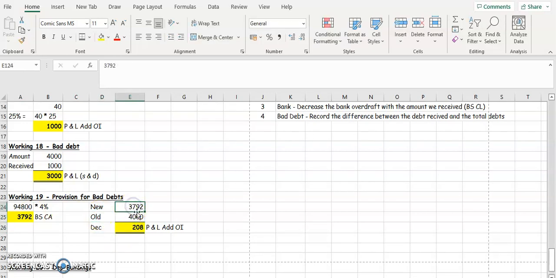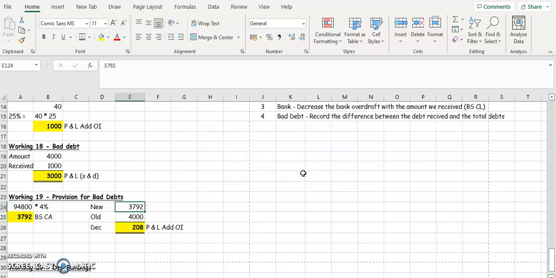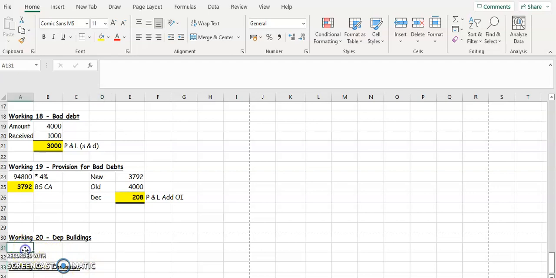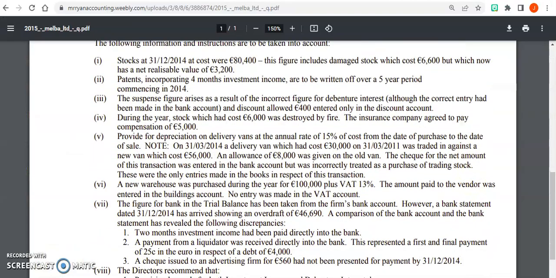So we find the new figure for the provision as part of this working, then go to the trial balance and see what the old provision was, which in this question was 4,000. What we need to do then is find the difference. We can see it's a decrease, so that's extra money we're going to receive, which is added to your operating income.